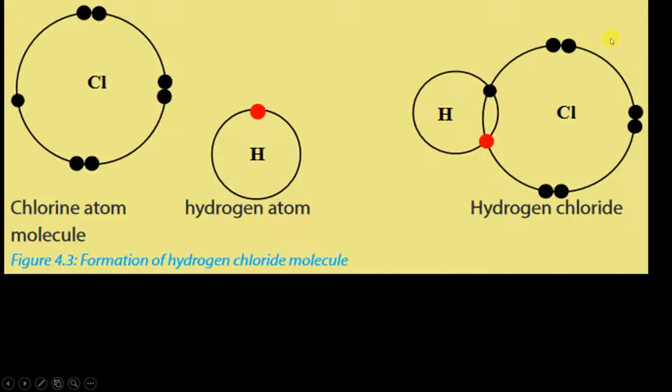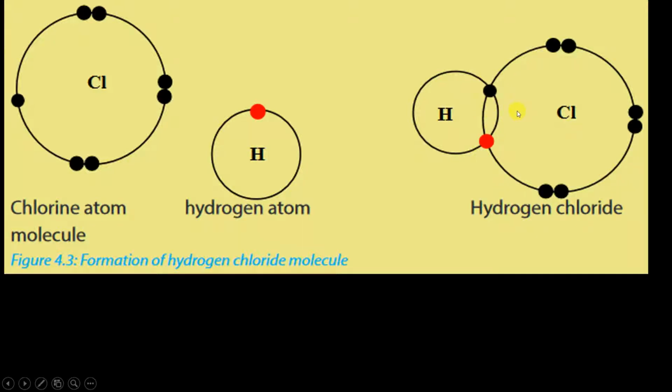Now, since chlorine is more electronegative than hydrogen, this pair of electrons is going to get shifted towards the chlorine atom. Here we make a total assumption that these two electrons will get transferred to the chlorine atom.